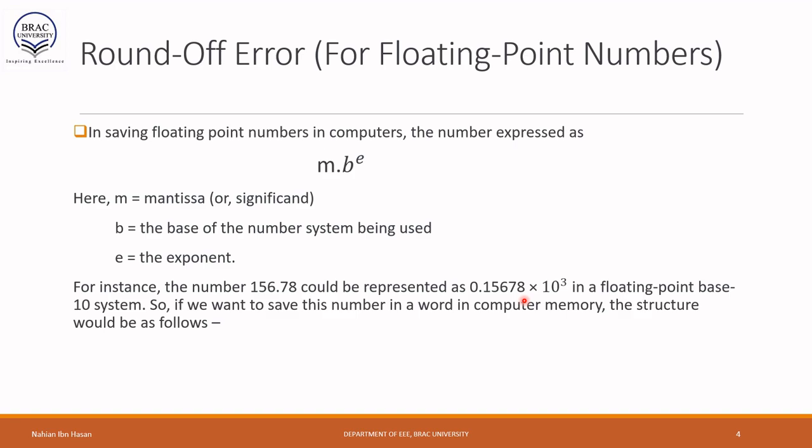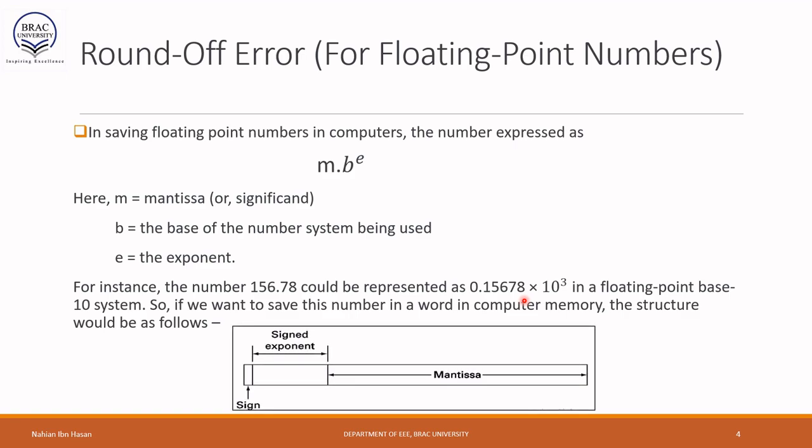So that's how we represent floating point numbers whenever we want to save them in our computer or digital system. So how does the computer store the number, or the new representation, in its own memory? It represents it something like this. Like the integer numbers, the first bit is used as the sign bit, some bits following the sign bit are used for the signed exponent value, and the rest of the bits are used for the mantissa value.